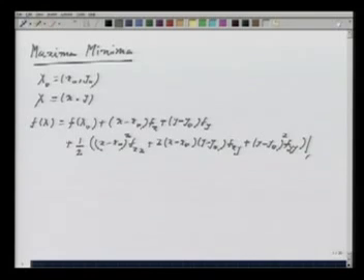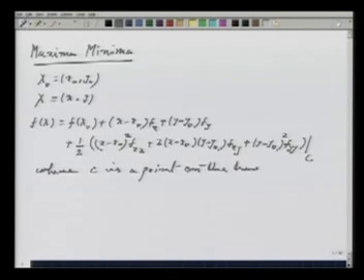This is at a point C, where C is a point on the line joining x and x naught.